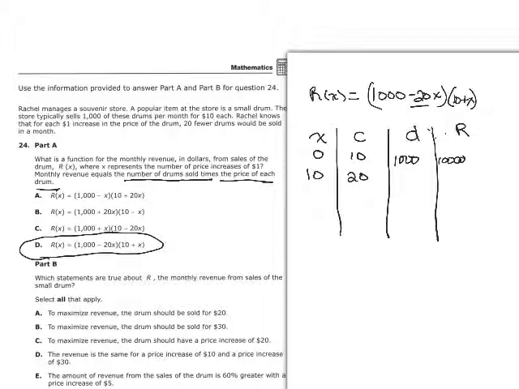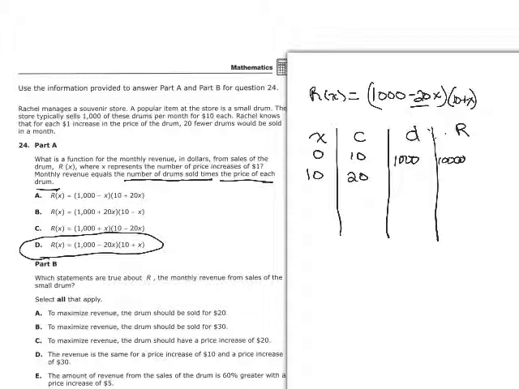Therefore, your X value is 10. So when you go back into your original function, you have 1,000 minus 20 times X. Before I can subtract, I must multiply. That's PEMDAS.